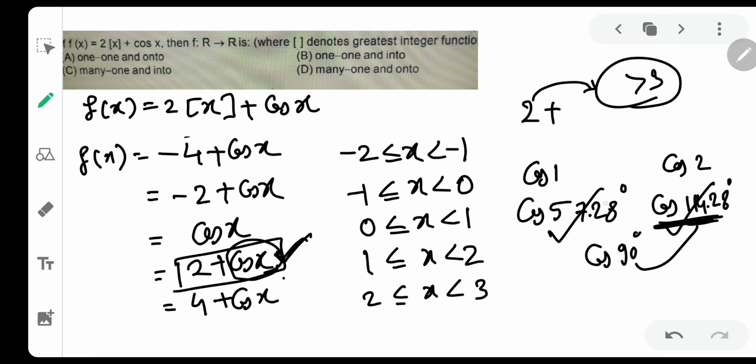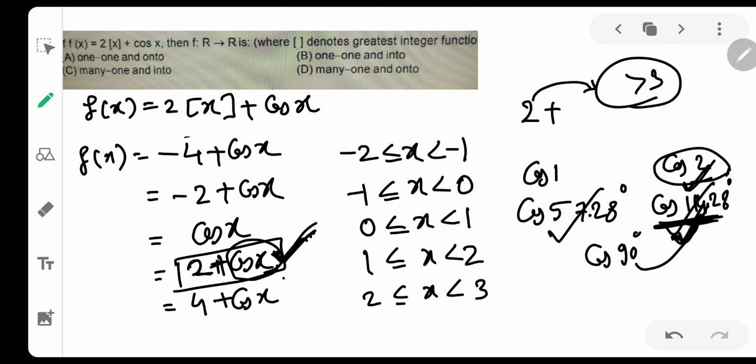Whenever we are subtracting, because cos 2 will be negative, 2 minus 1 will be equal to 1, but again that value won't be equal to minus 1. So basically what I'm trying to tell is that 2 plus cos x can maximum go up to 3, and going below, it can maximum go down to minus 1, which is also not possible.